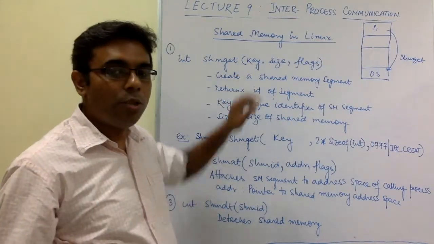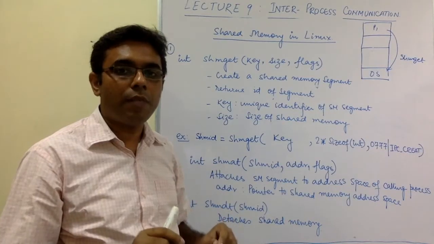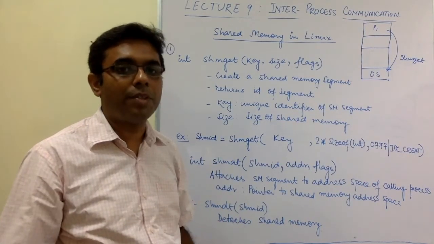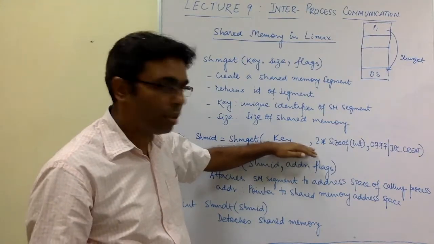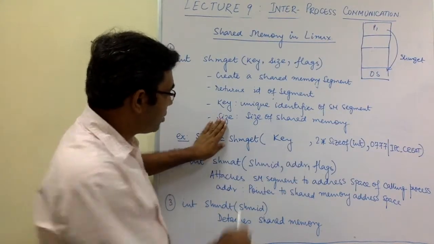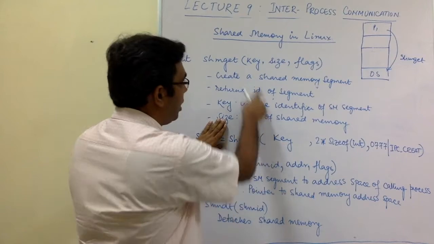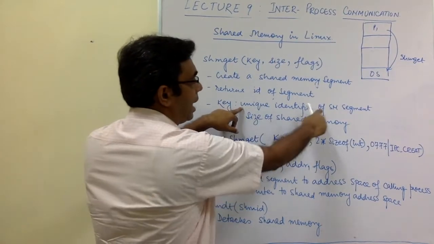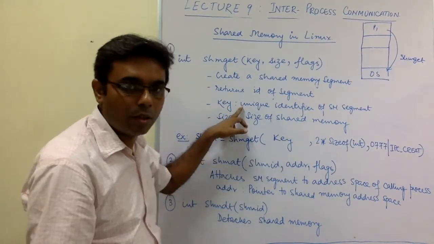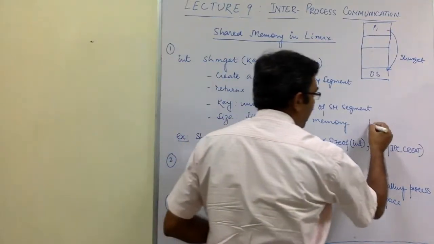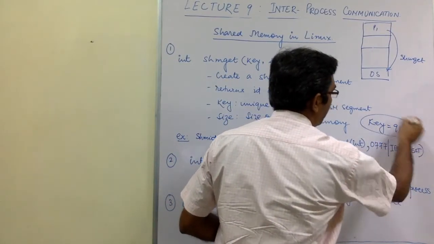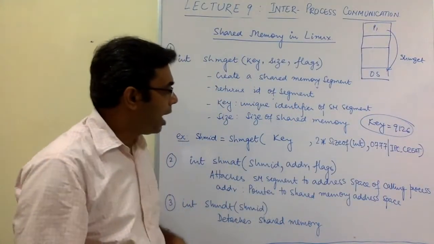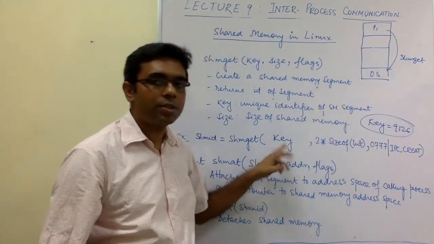First, there's a unique identifier associated with every such shared memory segment. Let's take up this simple example here. Let's say we are using shmget. The first parameter is a key, which is a unique identifier of the shared memory segment. Usually you declare the value of key, maybe something like 9126, and that is what you pass to this first argument.